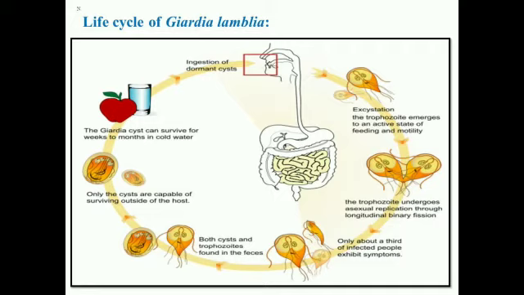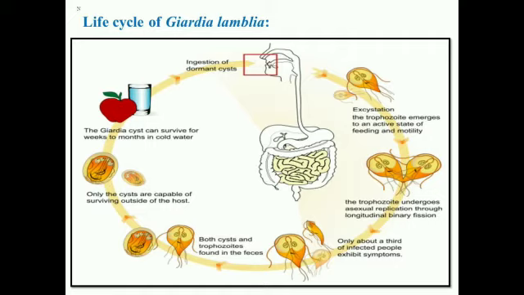The trophozoites multiply through longitudinal binary fission inside the small intestine. Now the trophozoite attaches to the surface of the small intestine, causing abdominal pain, cramps, or dysentery. Then the trophozoites move to the colon and produce new cysts.